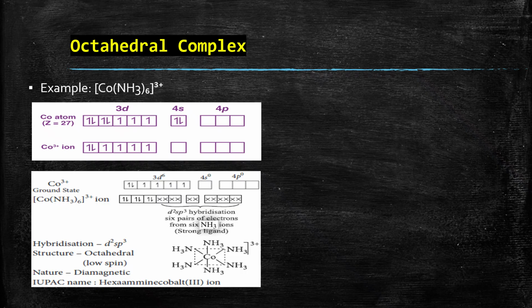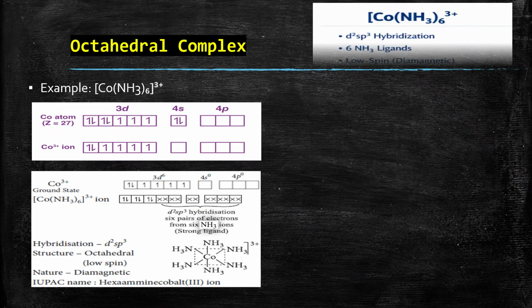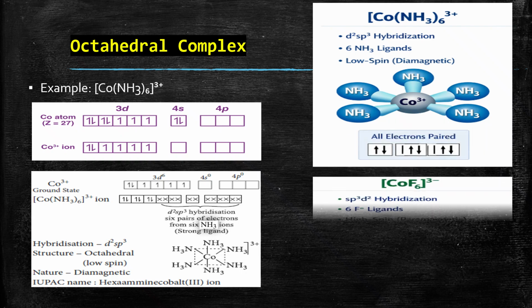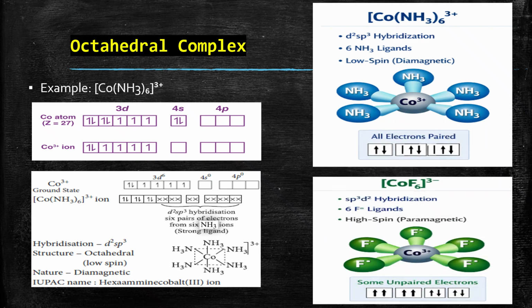These 6 orbitals are occupied by the lone pairs of electrons of 6 amines, and they form d2sp3 hybridization. If the electrons first enter into d orbitals, then the hybridization is d2sp3. If the electrons first enter into the s orbital, then the hybridization is sp3d2. So this is most important.